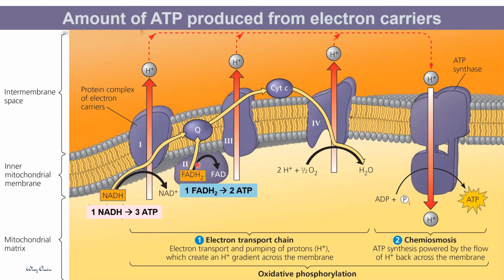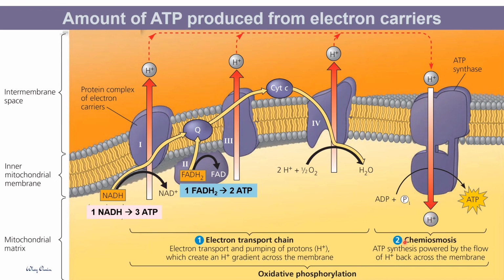So the electron pathway from FADH2 will cause 2 activations of the proton pump. So they will generate the gradients of hydrogen ions 2 times, or they will generate the proton motive force 2 times, that enables the movement or diffusion of hydrogen ion along the ATP synthase 2 times.